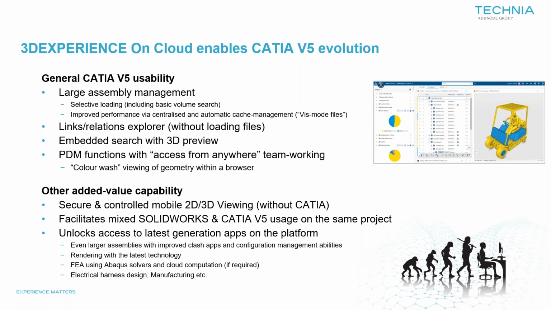That said, there are other ways of getting hold of that, and that's what the newer products are for. But in terms of the core functionality evolving, large assembly management in CATIA has only really been fully available if you've had some sort of connected data management system like VPM or something like that.